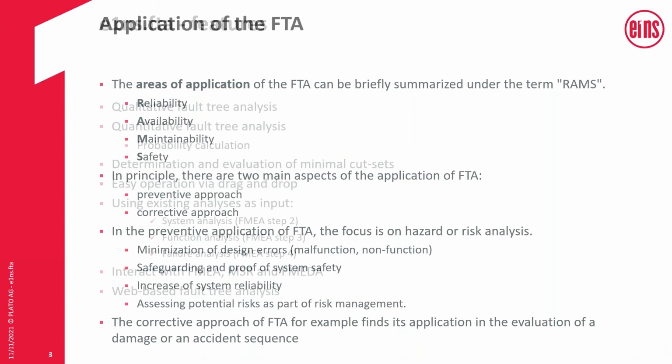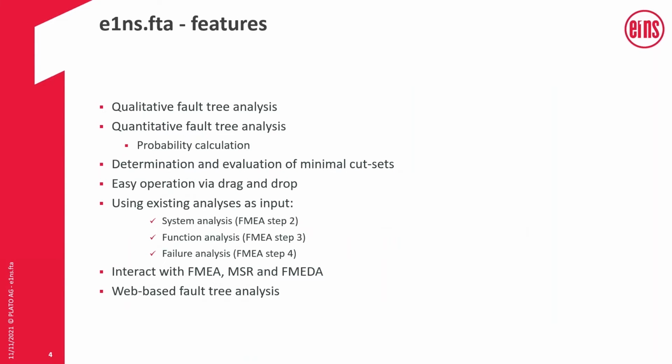So what basic features does the e1ns FTA provide us with? First of all, I said it already, we will be able to create fault trees on a qualitative basis. So really think about gates, about linking failure modes, linking cause and failure relationships.